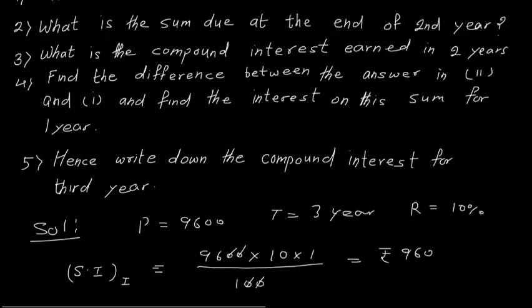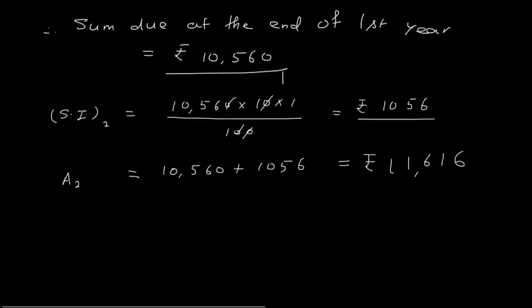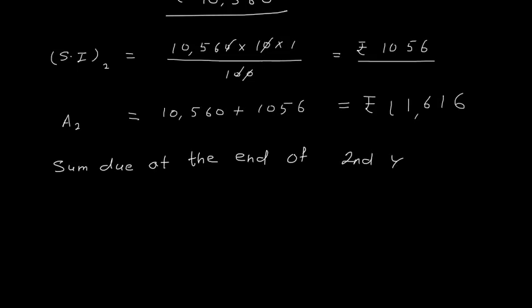First question done. Now second question, what is the sum due at the end of second year? So here I have sum due at the end of second year is rupees 11,616.